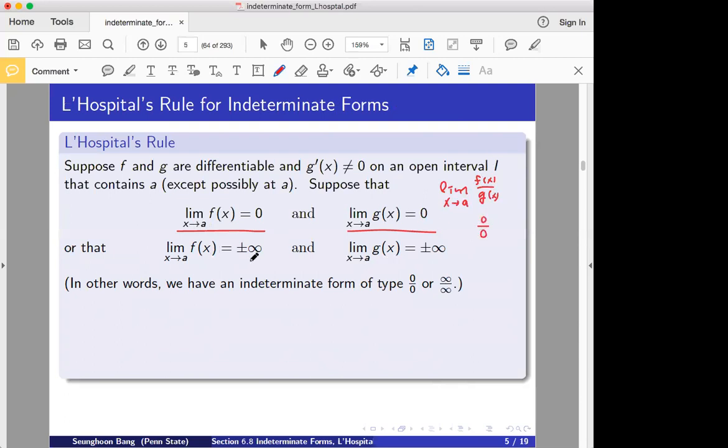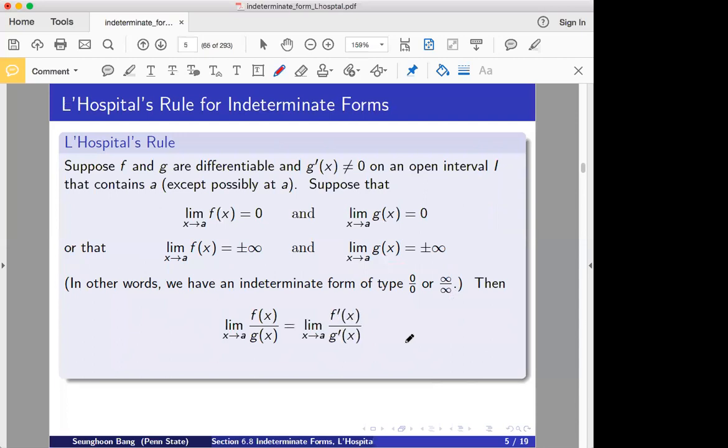Or you plug in and we have an infinity over infinity form. This infinity includes plus and minus. So how can you solve the limit of f of x over g of x?